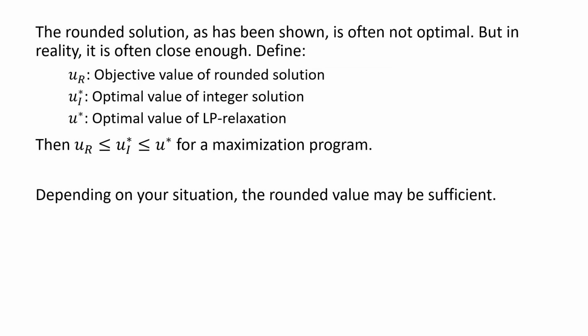Well, when we solve the linear relaxation, and remember, solving a linear LP relaxation is very efficient, we know that this is an upper bound on our maximum, assuming we've got a maximum problem. So we can solve our LP relaxation pretty easily, and we call that U star.